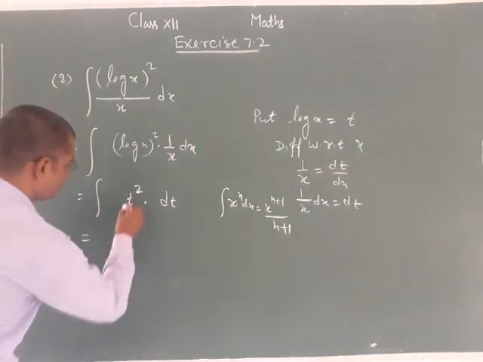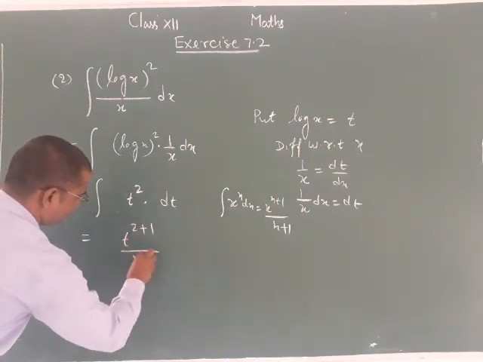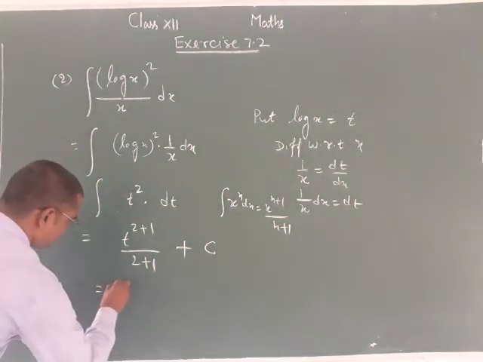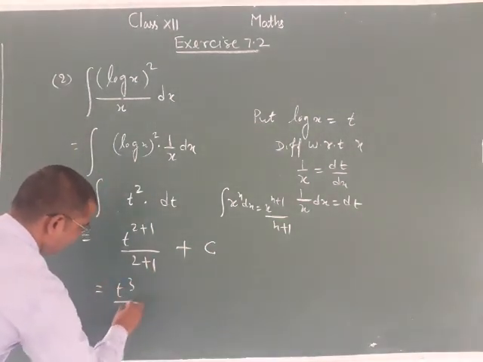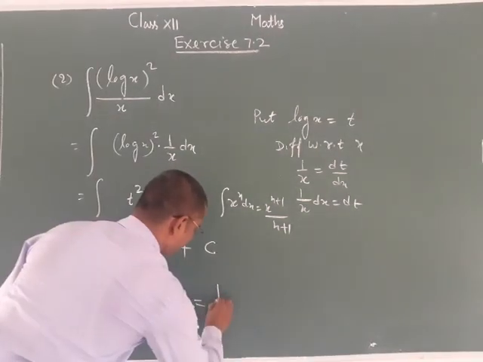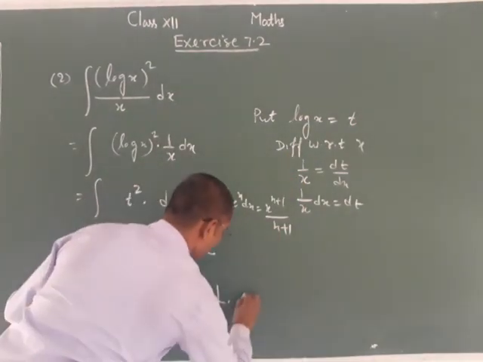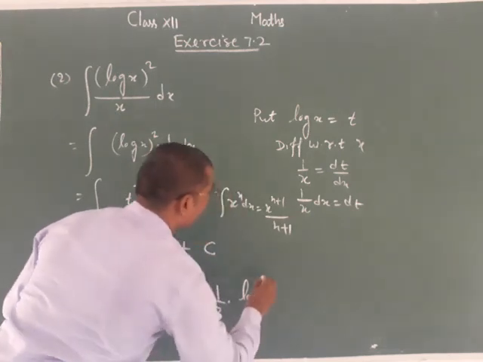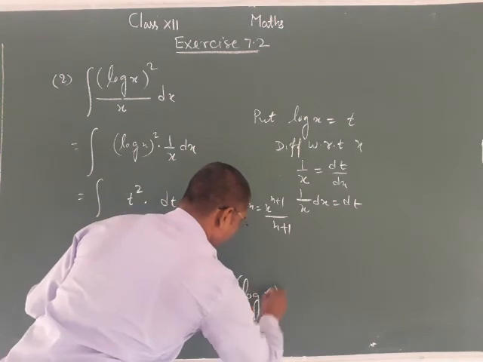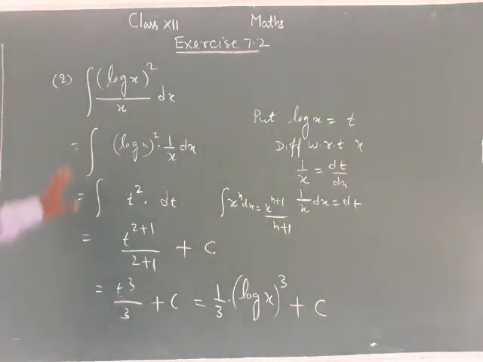Using this, t to the power 2 plus 1 upon 2 plus 1, and plus c, the arbitrary constant added. So t cubed upon 3 plus c. Also we can write 1 upon 3 and, putting the t value, log x power 3 plus c. This is the answer of the given integration.